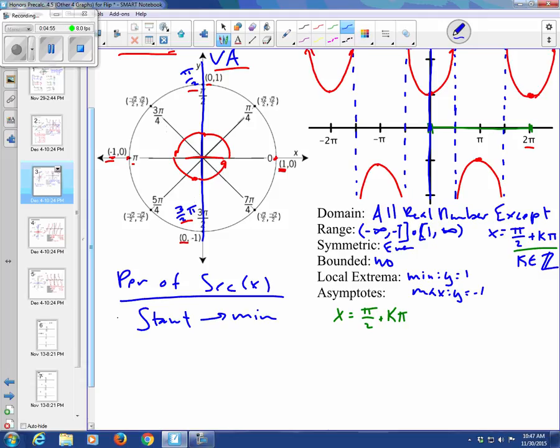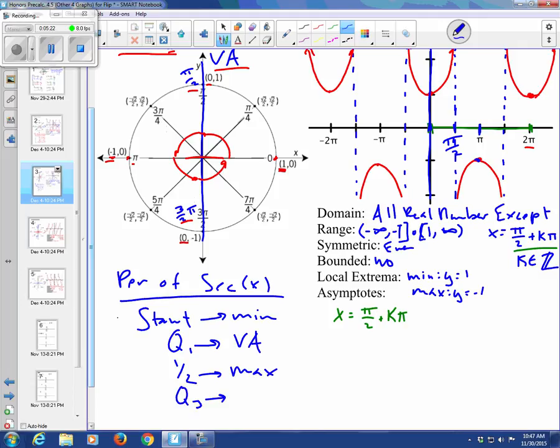In the first quarter, we get a vertical asymptote, and that happens at pi over 2 for our period of 2 pi, but we're going to see that change with horizontal stretches and shrinks and phase shifts. So we've got a vertical asymptote, and then at the halfway point, we have a max.